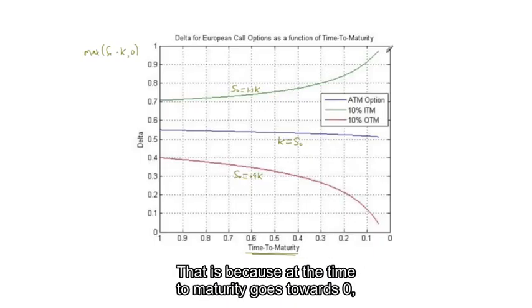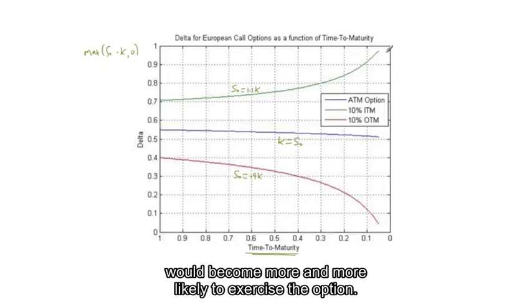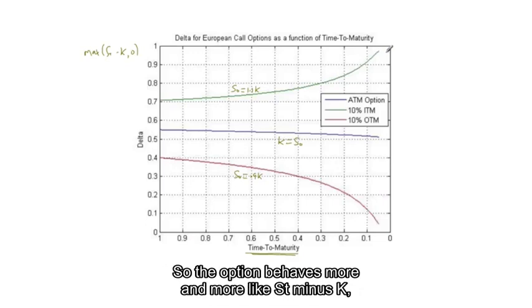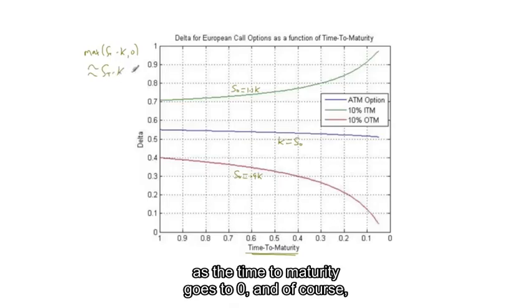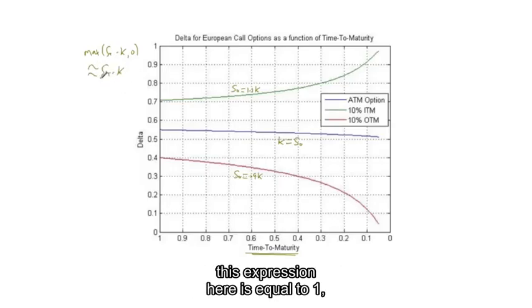That is because as the time to maturity goes towards 0, we become more and more likely to exercise the option. And so the option behaves more and more like ST minus K, because this maximum is going to be equal to ST minus K as the time to maturity goes to 0. And of course the partial derivative of this expression here is equal to 1. And that's why the delta goes to 1.